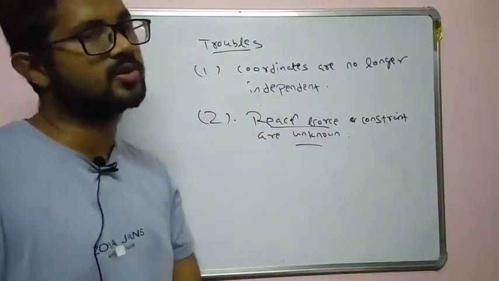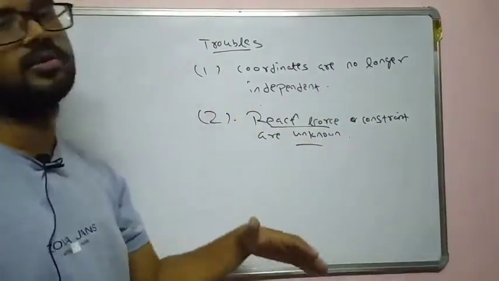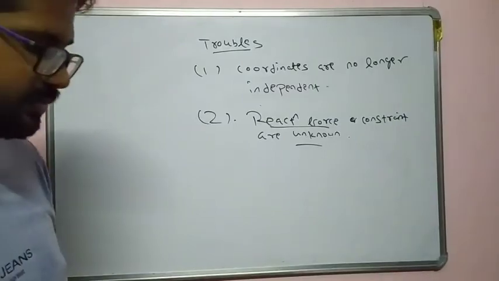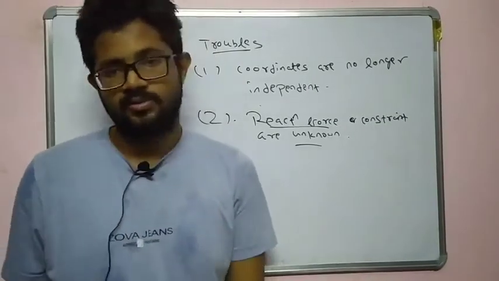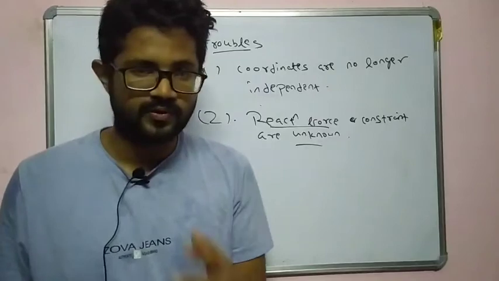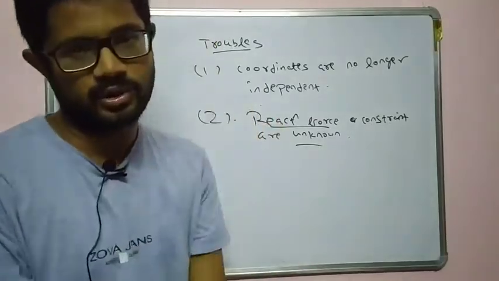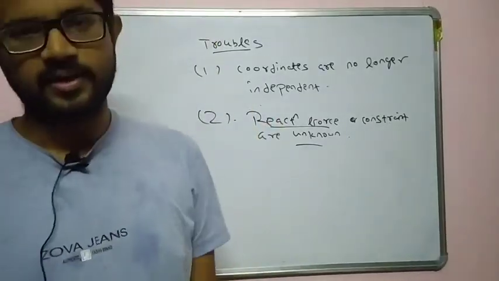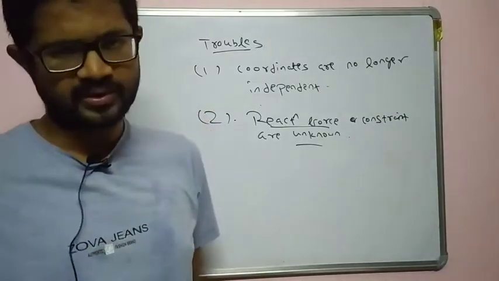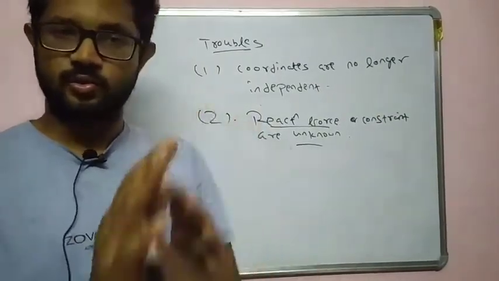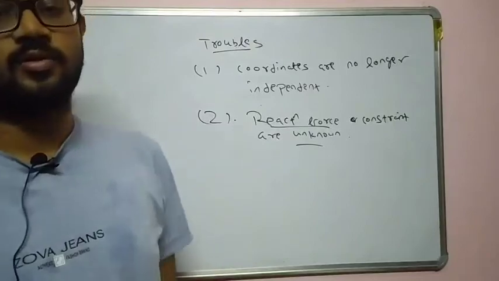The trouble is that coordinates are no longer independent, as in the example of abacus beads. Another example was x square plus y square is equal to 25. The moment you take x is equal to 3, you have to fix the value of y. The moment you take y is equal to 3, you have to fix the value of x.